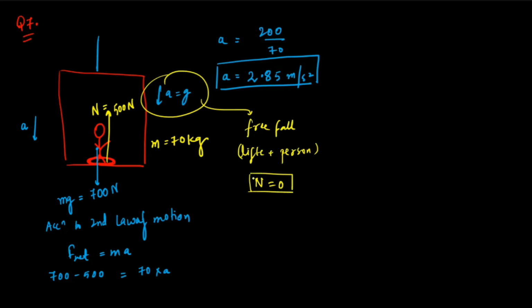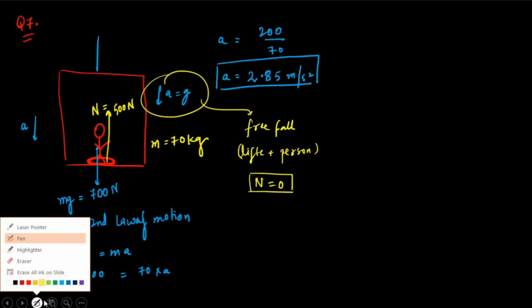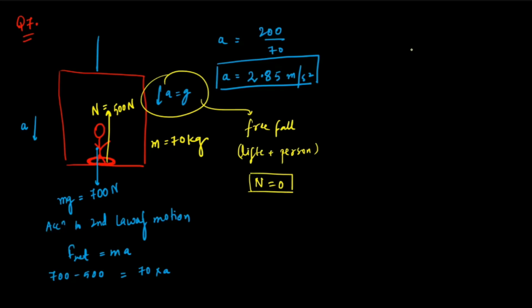Thus the lift is moving downward with acceleration g, and in that case, the weighing scale will not be able to read the weight of the person because it is going under the action of gravity. So that is the thing that is being asked in this particular problem. Understand?